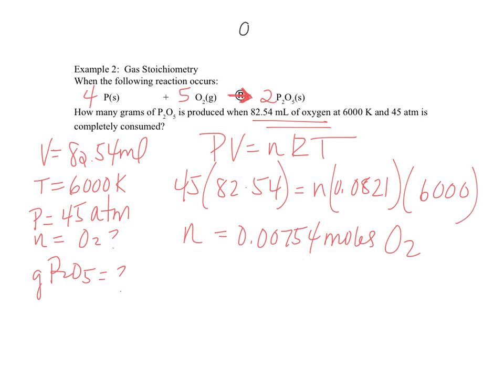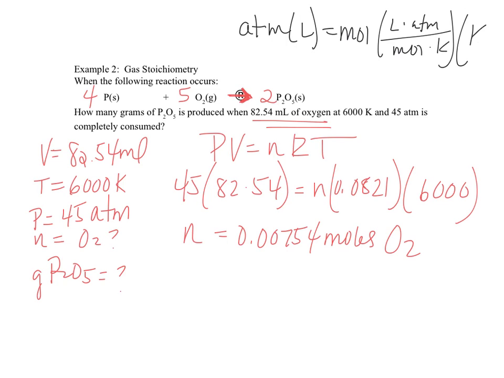I just want to do the units up above so you can see them. So I had ATM times liters equals moles, and that was times liters times atmosphere over mole times Kelvin, and that was times Kelvin.